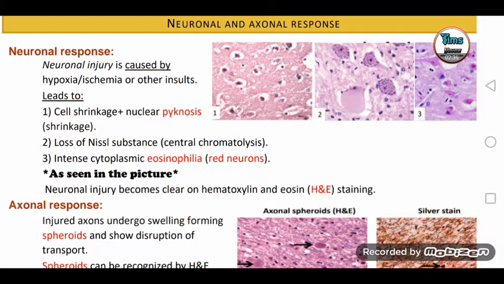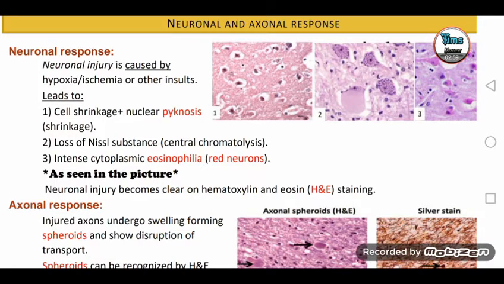Pyknosis means the irreversible condensation of chromatin inside the nucleus when the cell undergoes apoptosis or necrosis. So basically, when the cell is dying, the cell shrinks and the nucleus undergoes pyknosis. It's the irreversible condensation of chromatin inside the nucleus.